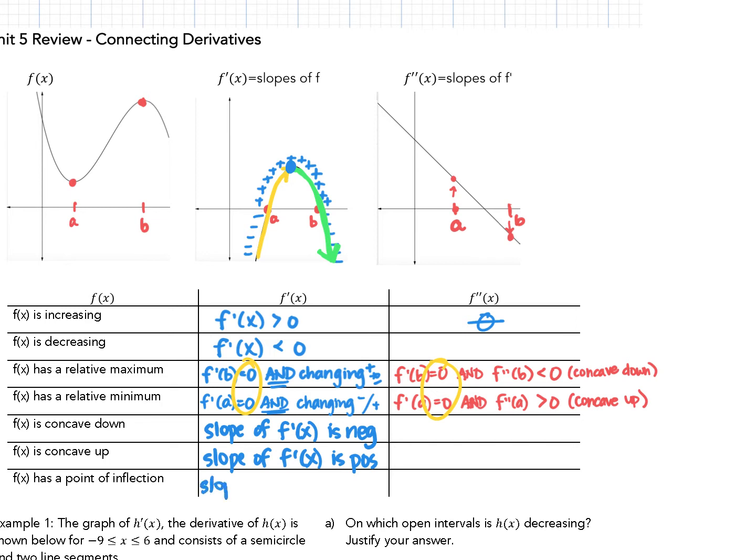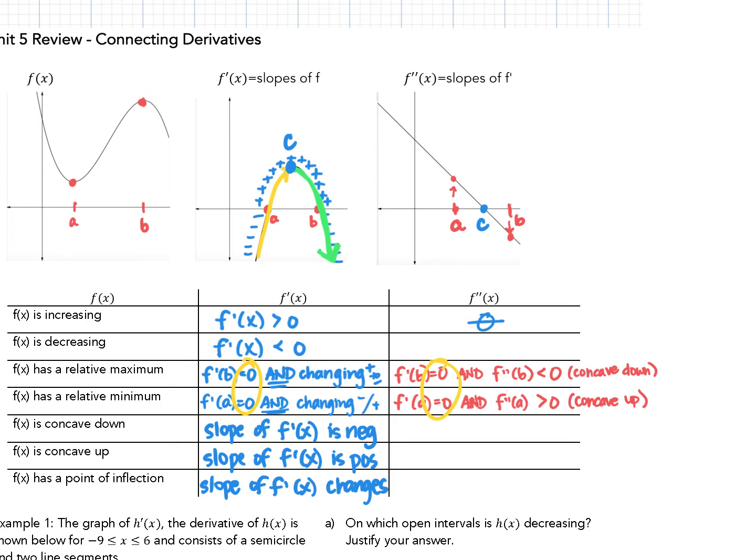And so we'll have a point of inflection where the slope of f prime of x changes. And we'll call that point C here, which is going to line up with point C in the second derivative.